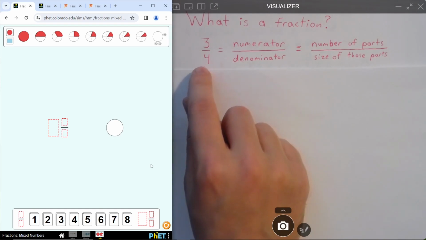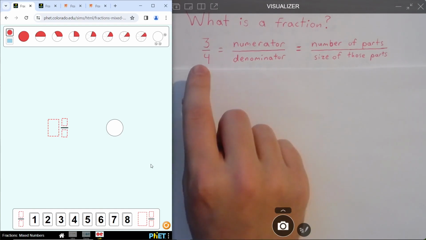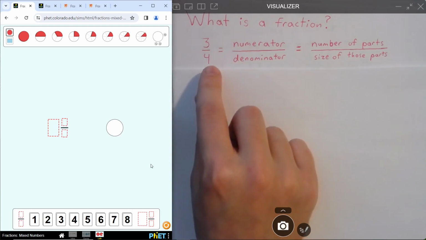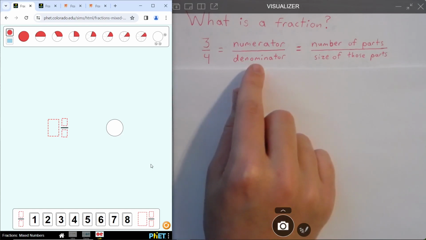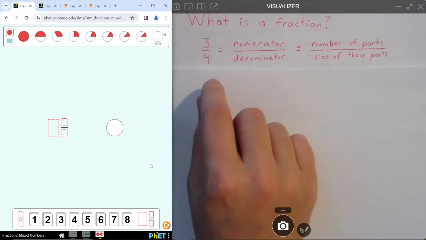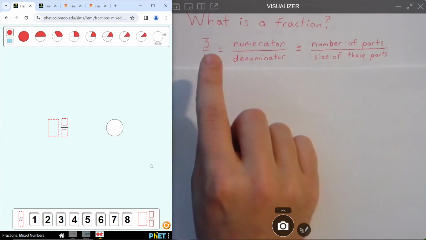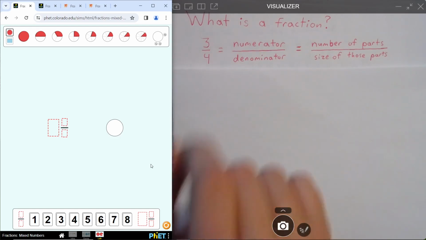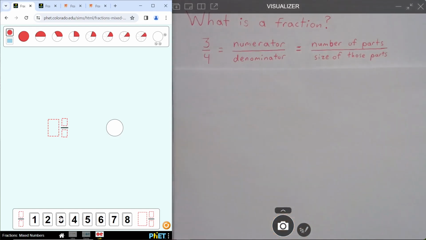In this example, I use 3/4, where the number at the top is called the numerator, and the number at the bottom is called the denominator. So this fraction of 3/4 has a numerator of 3 and a denominator of 4. I'll show that over here on the left side of my screen.